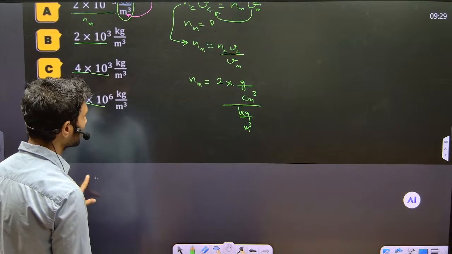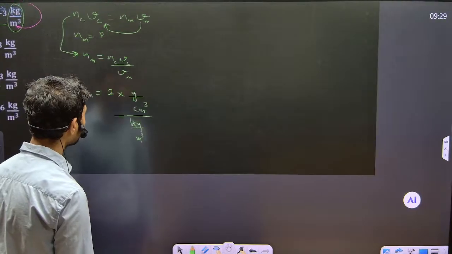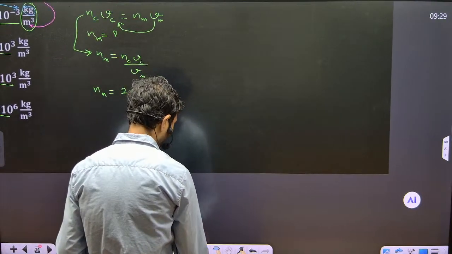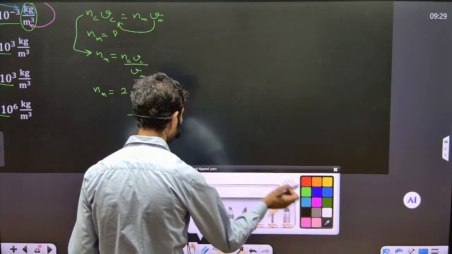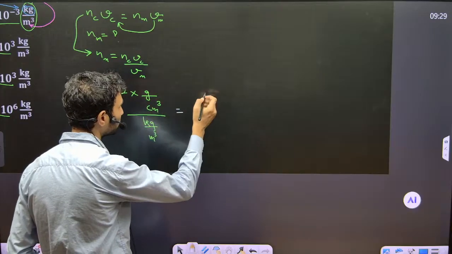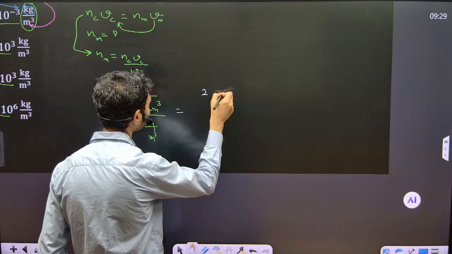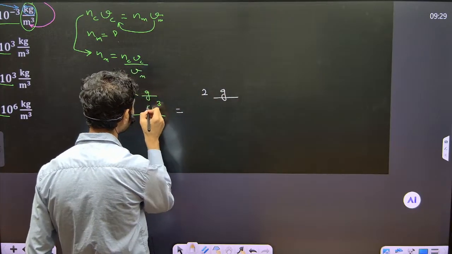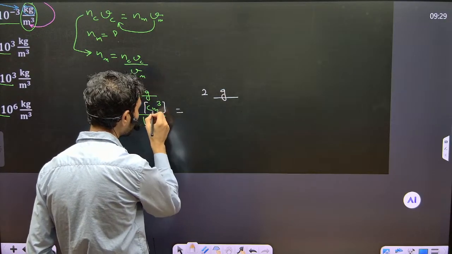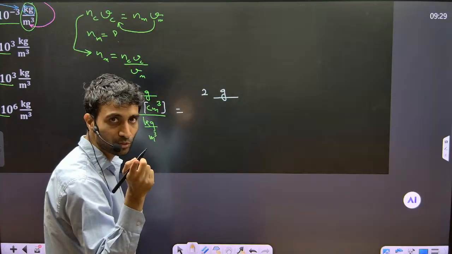So now let us find the value of NM from here. Let's do the calculation. That can be written as 2 gram divided by centimeter cube, which I told you becomes centi cube meter cube.